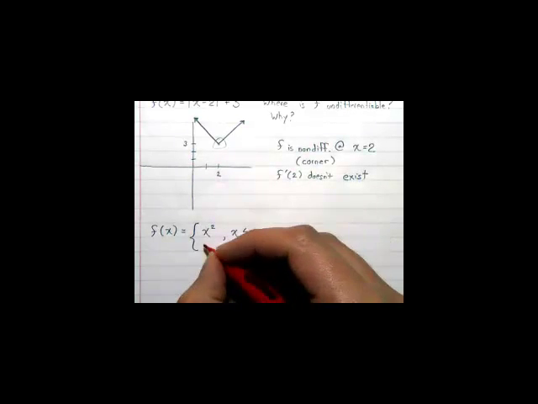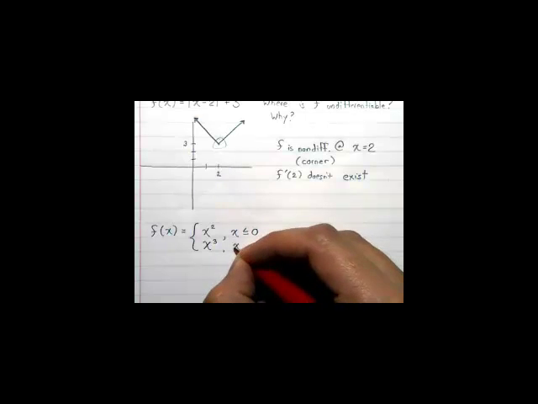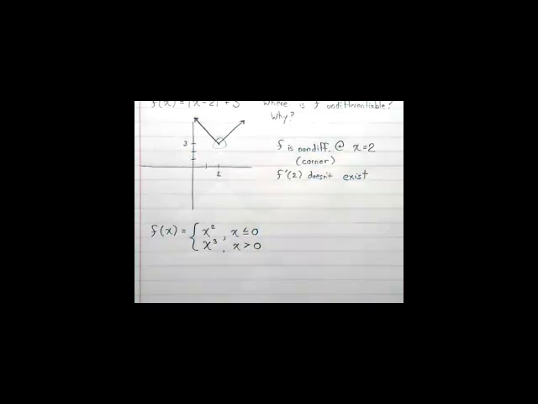And we'll do x to the third for x greater than 0. And I want to know, does this function have a place where it's non-differentiable? And if so, where's it at? Now, if you had to take a guess at where it was non-differentiable, where do you suppose it would be?